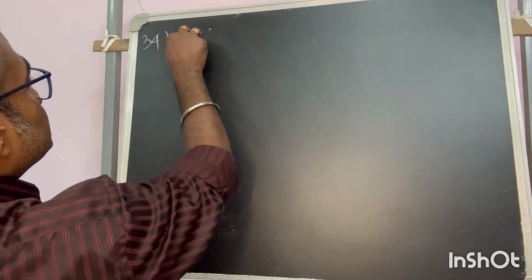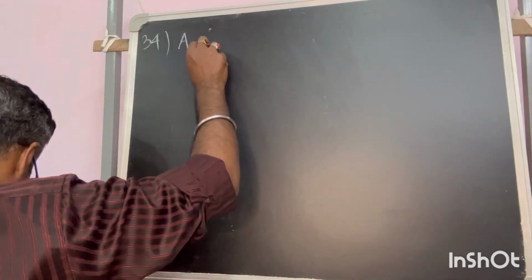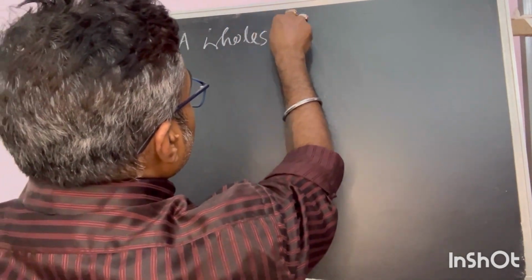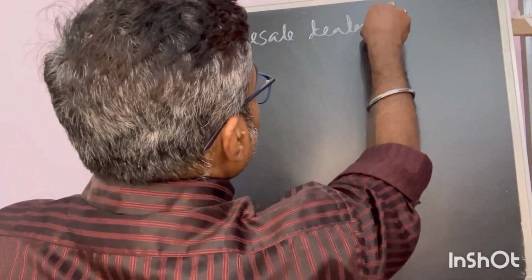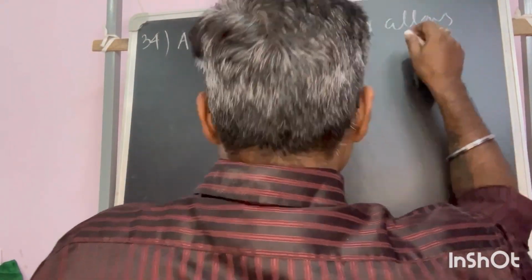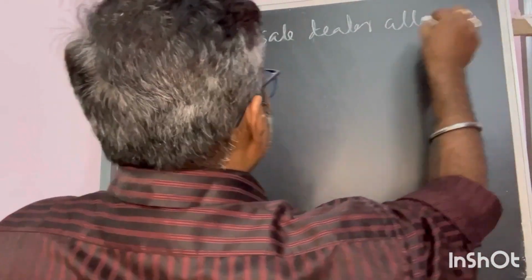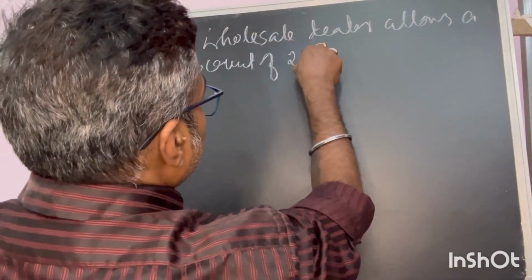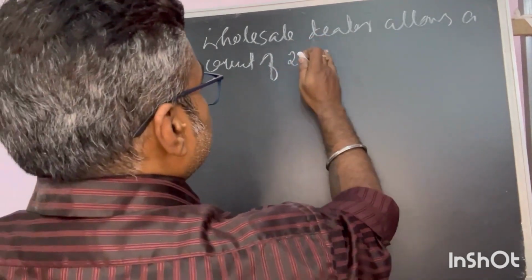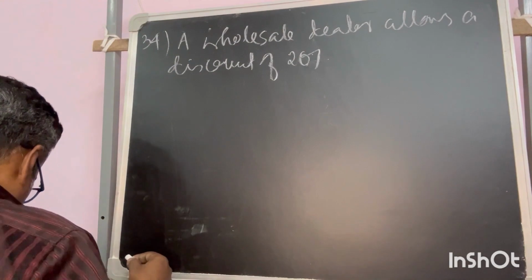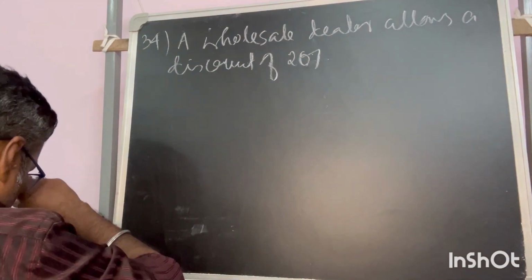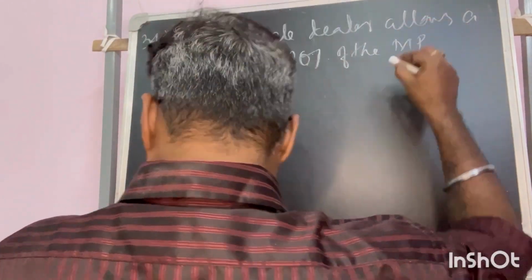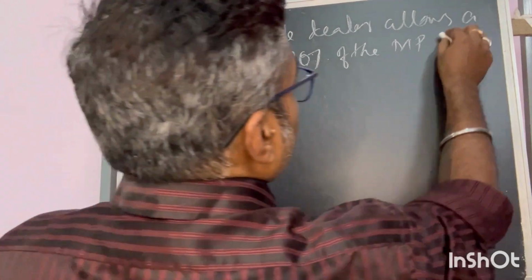Okay, let me take this. A wholesale dealer allows a discount of 20% on the market price to the retailer.